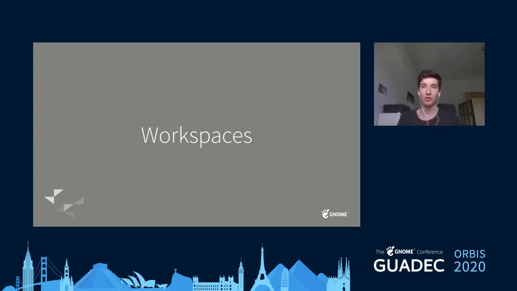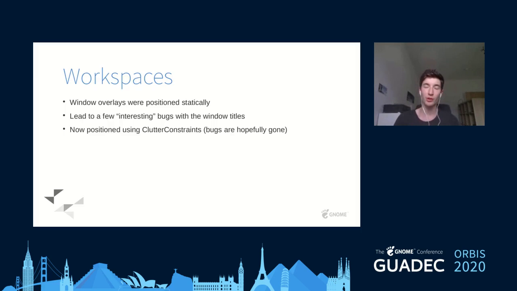Next up are the changes to workspaces in the overview. In the overview, we have those windows which are shown, and we have overlays on top of those windows which show the title and the close button. Previously, we implemented those labels completely separate from the windows.